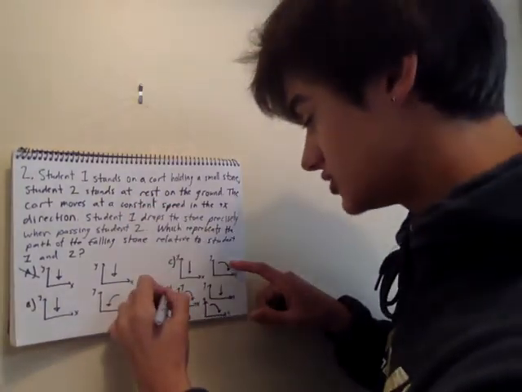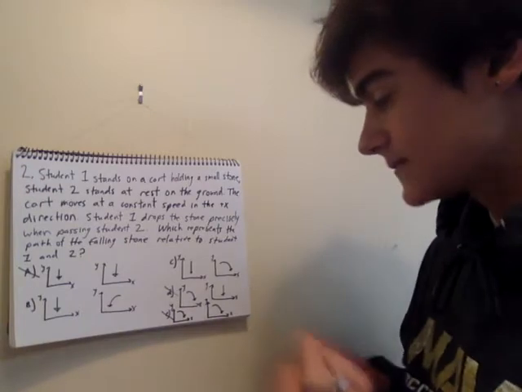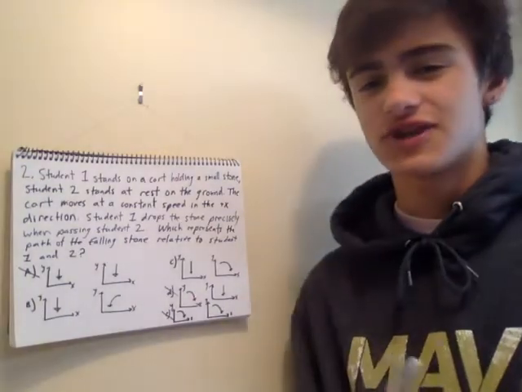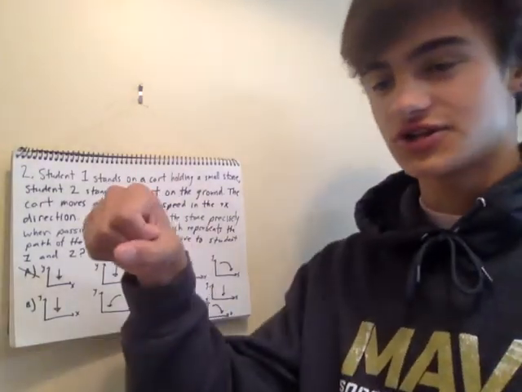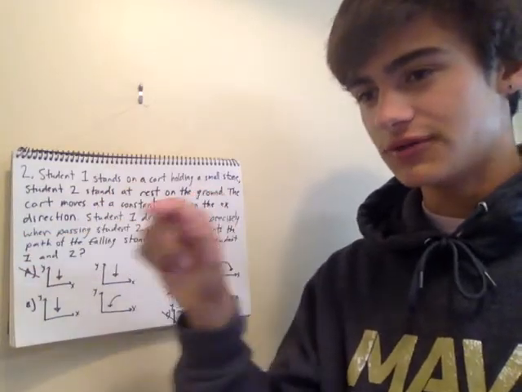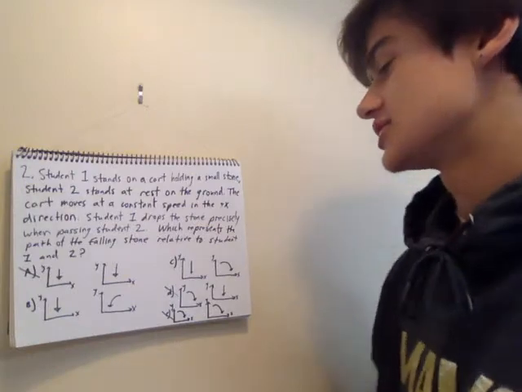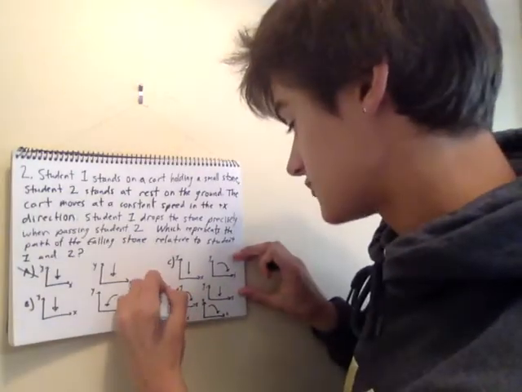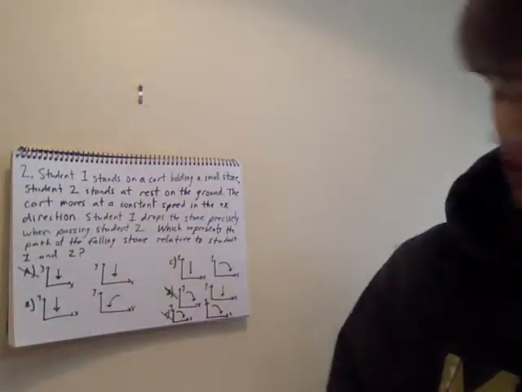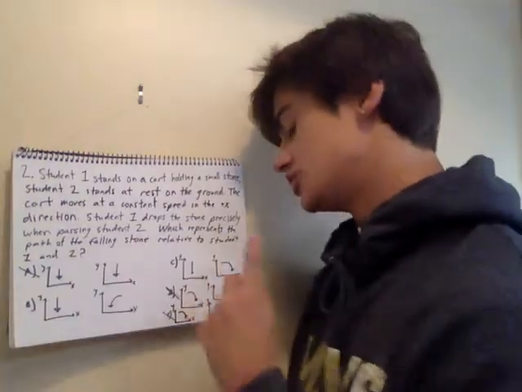But D, that's not going to work. We can eliminate D because it doesn't make sense for the rock to be falling forwards. If you're standing on something and you drop something, why would it go forward if you're just dropping it, not throwing it forwards? That doesn't make sense. So now between B and C, the only differences we have are the cases for student 2.